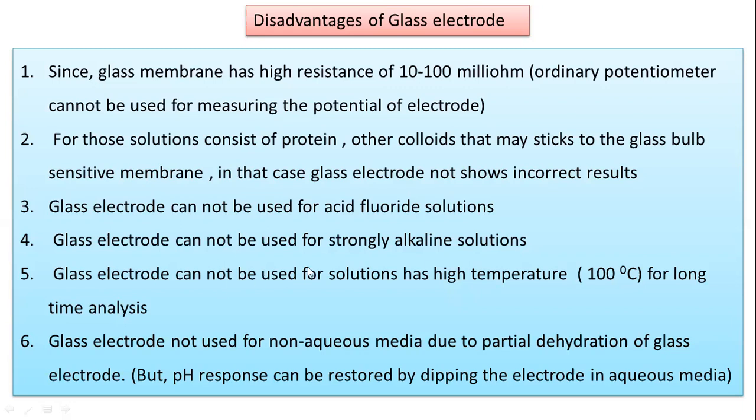So that is one of the disadvantages of the glass electrode. Because of the high resistance, ordinary potentiometers cannot work for this much higher resistance.